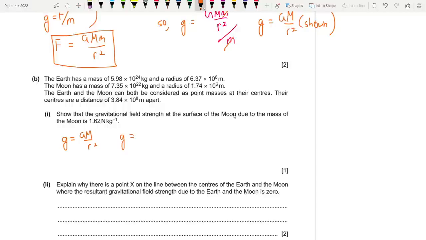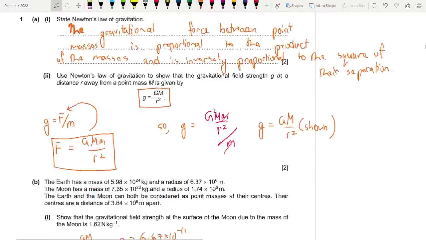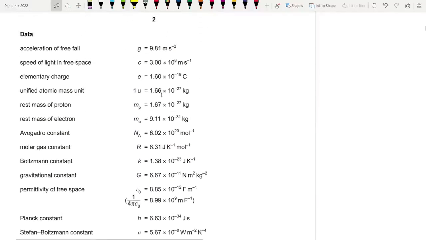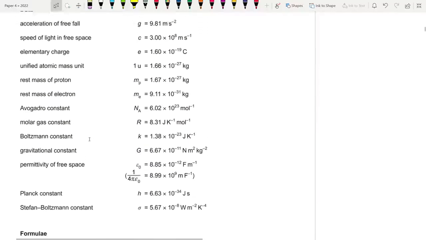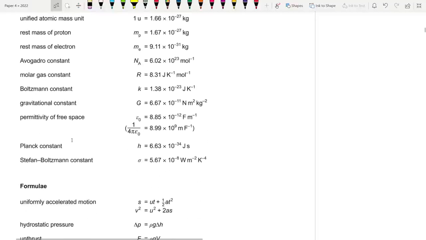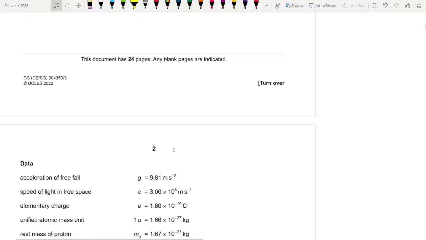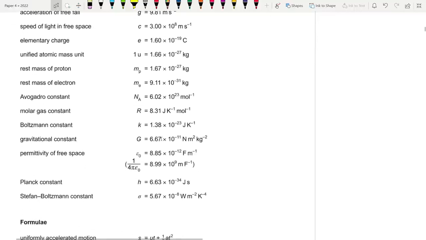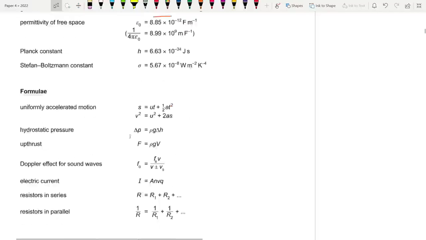So g is equal to, the value of G is 6.67 times 10 power minus 11. You're going to find that in the data sheet above. I just have it memorized, right? G, where is it? Here. All right.